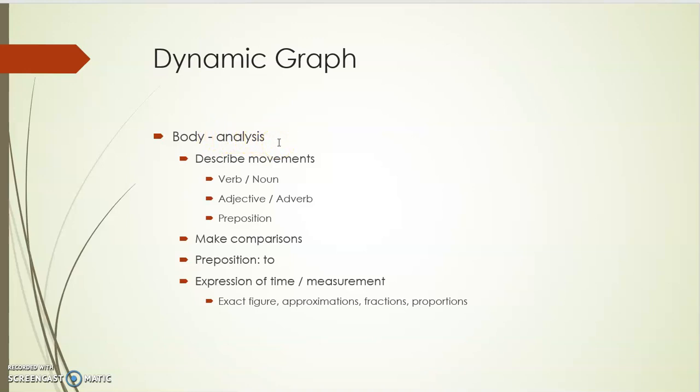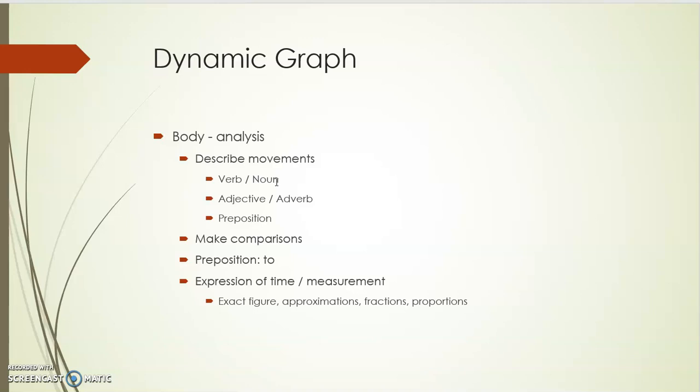Right? So for dynamic graph, what you would do basically is to describe the movement of the graph, since it has a lot of trends. Now, in describing the movement, you can describe them using verb or noun. Okay, we've also learned about a verb phrase or a noun phrase.